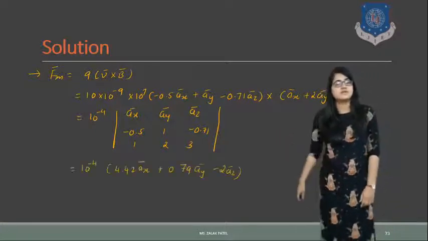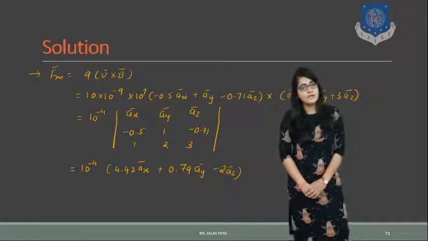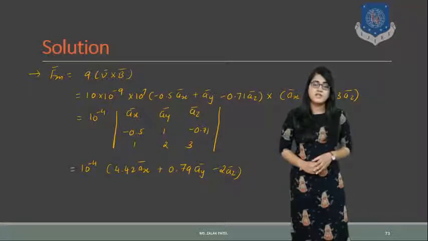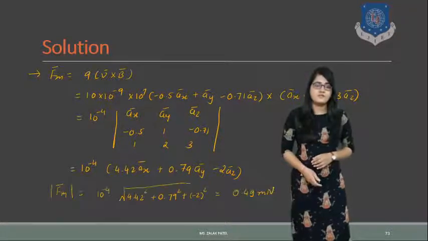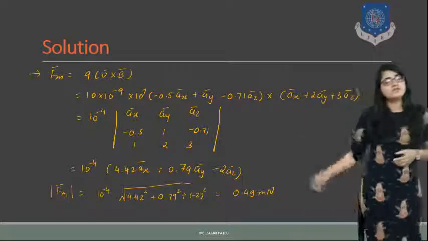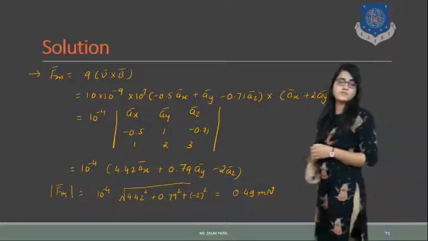If you solve this, you get minus 10 raised to minus 4 into (4.42 ax plus 0.79 ay minus 2 az). This is how we can calculate the magnetic force. If the magnitude is asked, you have to take the square root of the sum of the squares of the individual terms.